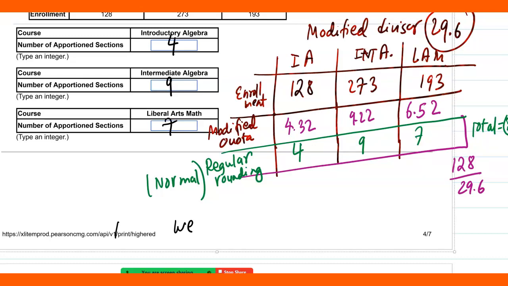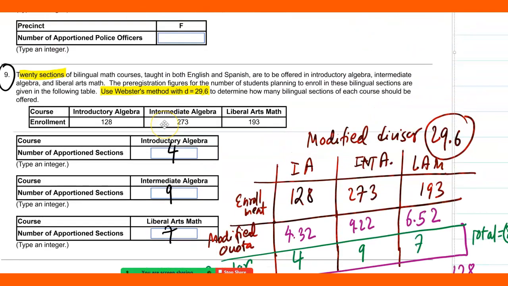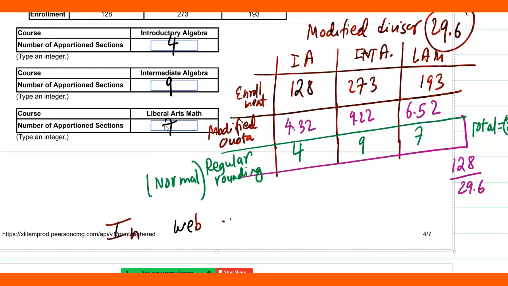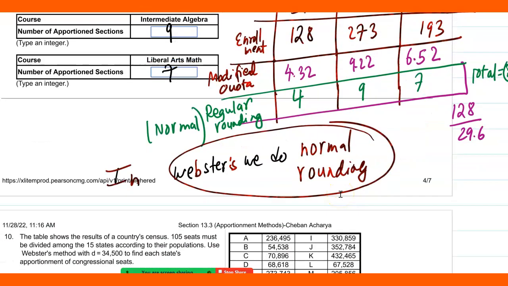Okay, in Webster you do normal rounding, no surplus.